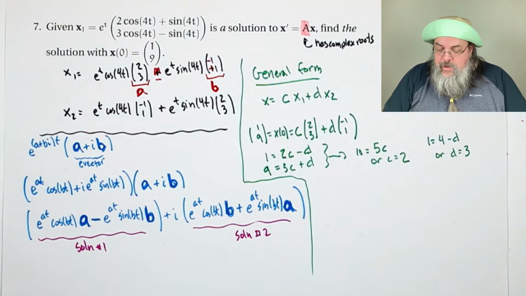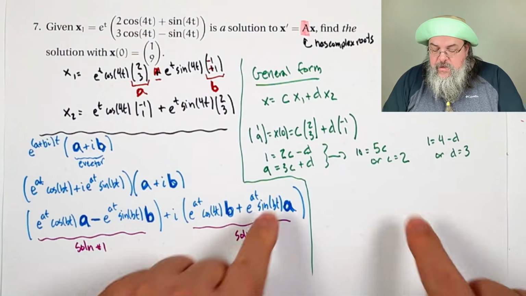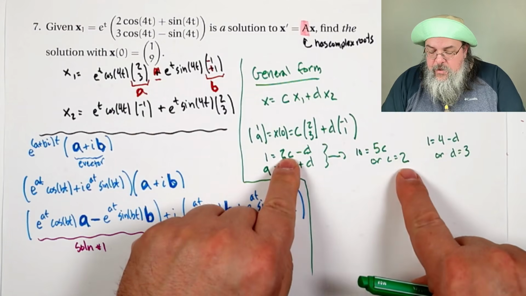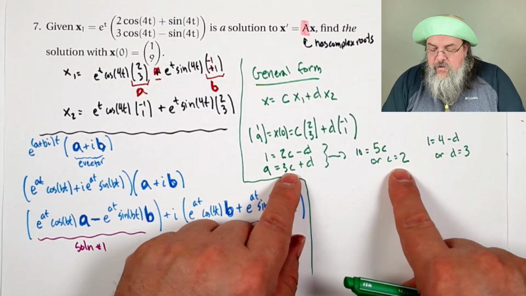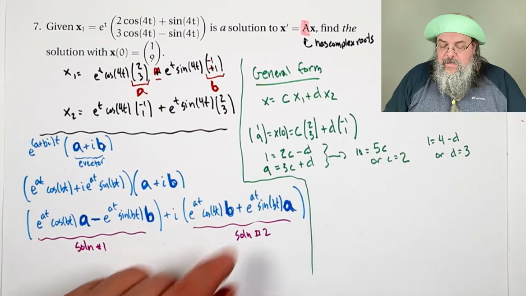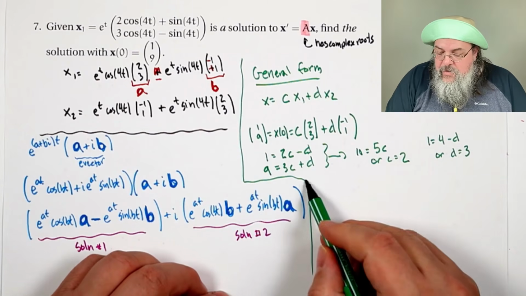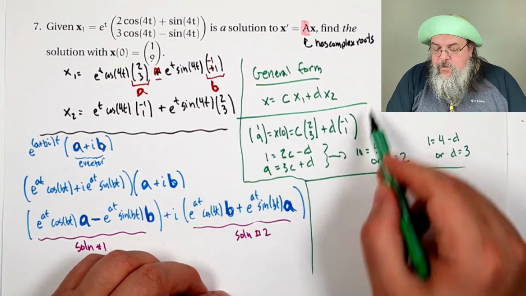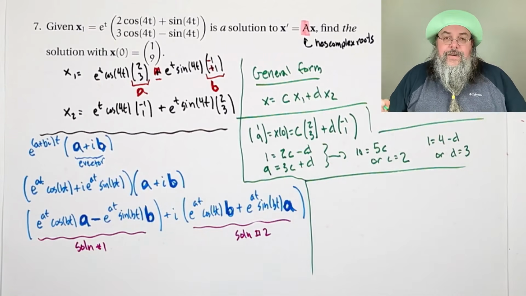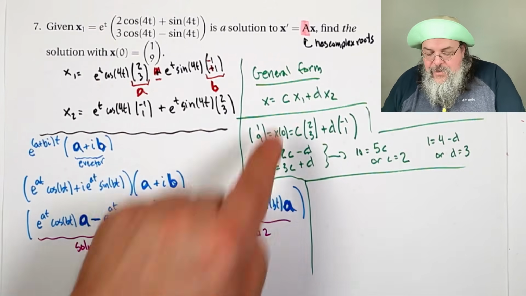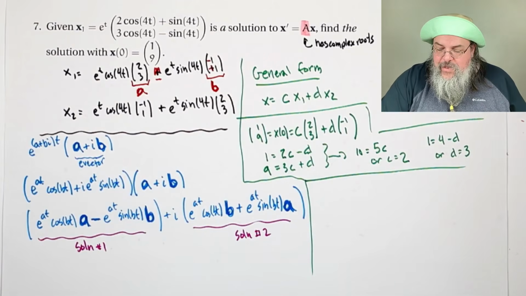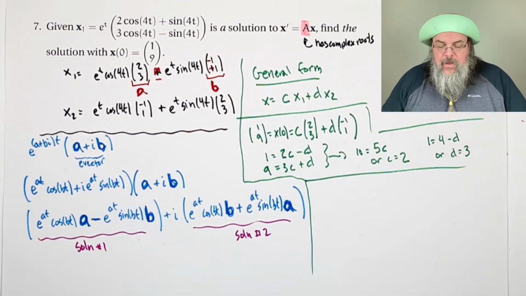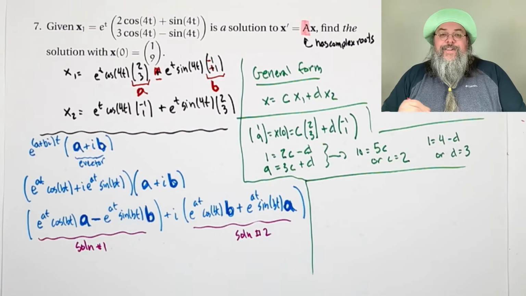And we can double check. 4 minus 3 is 1. And here we get 6 plus 3 is 9. So now we had our general form. We solved for our coefficients. So our last thing to do is just put it all together.